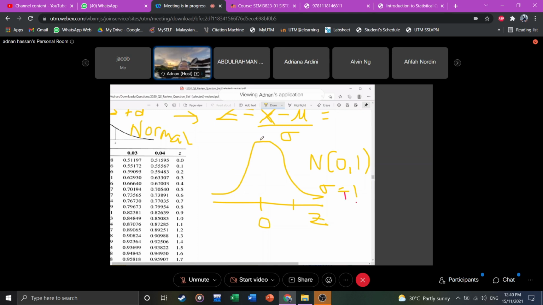For example, if Z equals 0, meaning this one, the area here will be 0.5. Because in standardized normal, the center here is Z equal to 0.